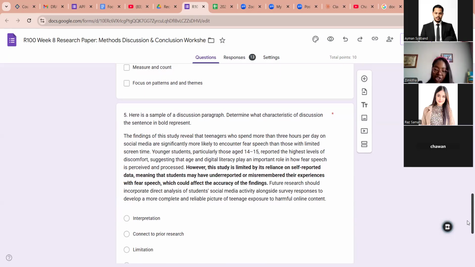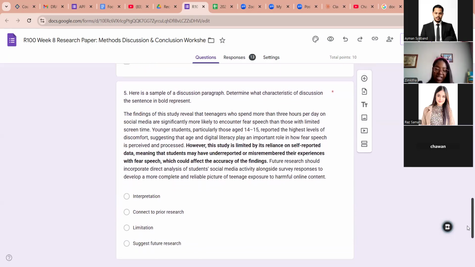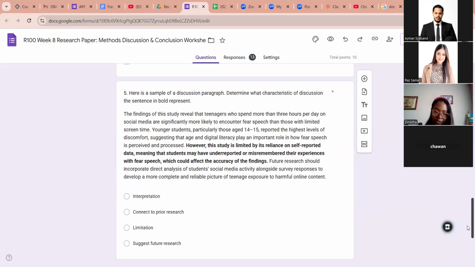Remember, we said discussion has 4 things: interpretation, connection to prior research, limitation, and suggestion for future research. The sentence in bold, which one does it represent?